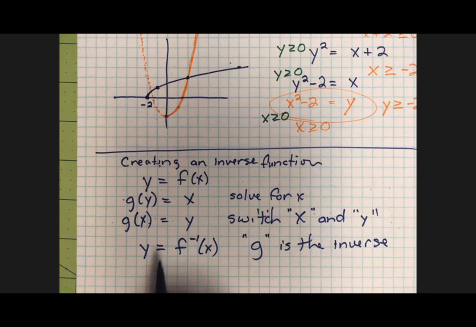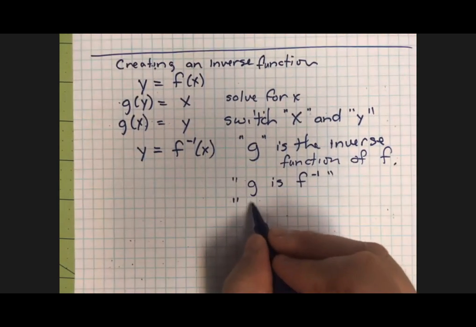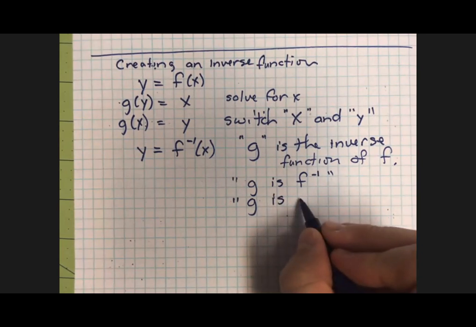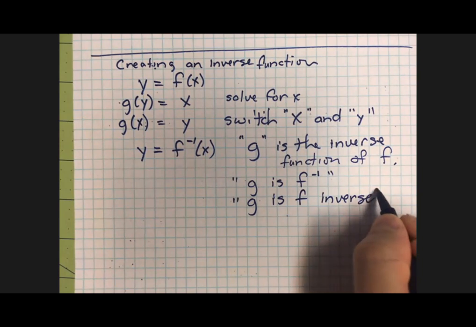And this g function that you created is the inverse function of f. At that point, you change the name of g to f inverse. And you say g is f inverse. That's how you pronounce it in English.